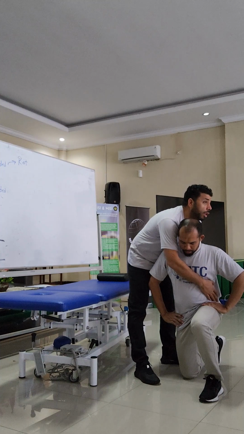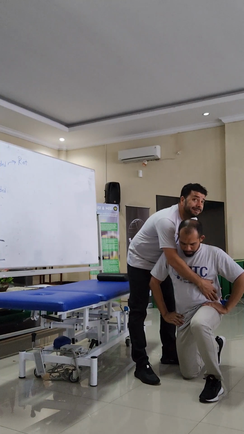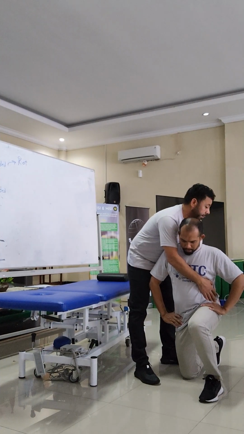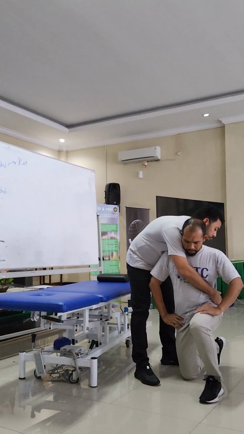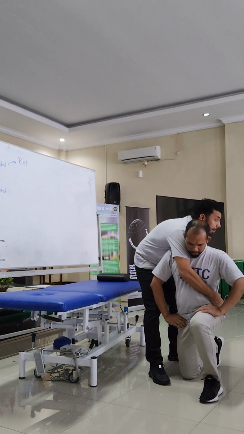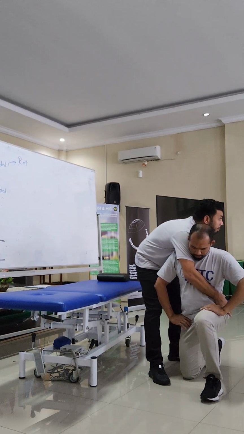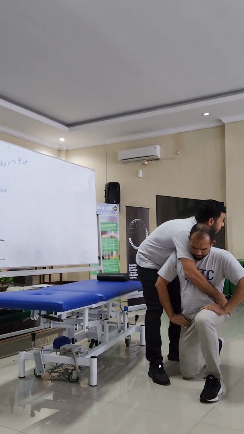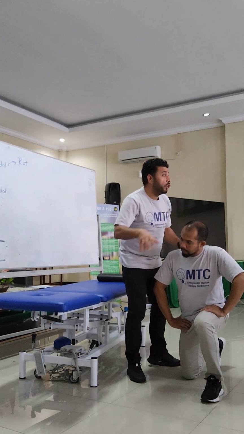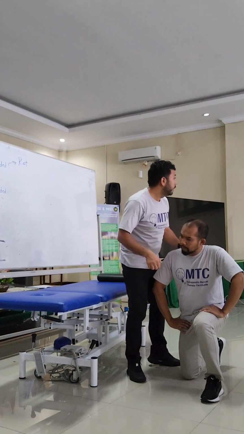I can do touch and go by placing my hand, one hand in the ilium, one hand in the greater tubercle, and just push and back, push and back, push and back. I'm here to support him. It's not a bad idea to have a chair and he hold the chair.